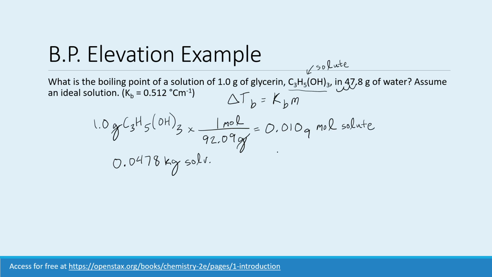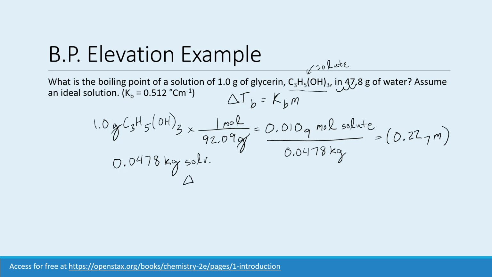And so to calculate the molality of the solution, we're going to take that moles of solute divided by the kilograms of water, the 0.0478. Okay, and that gets us a molal concentration of 0.227.